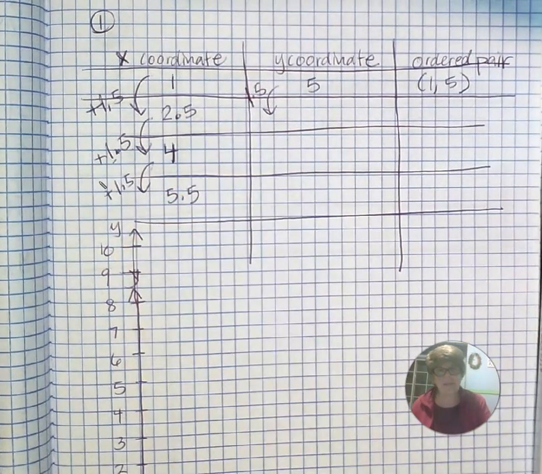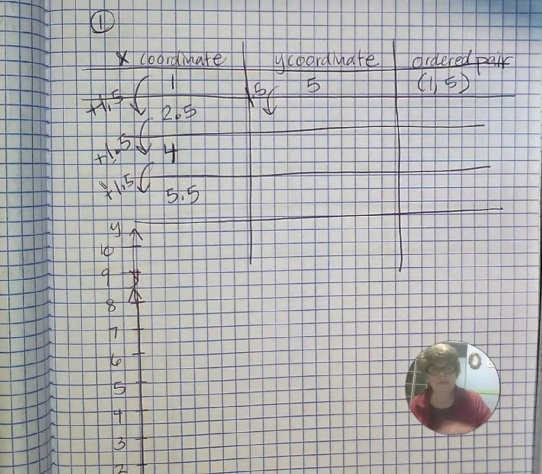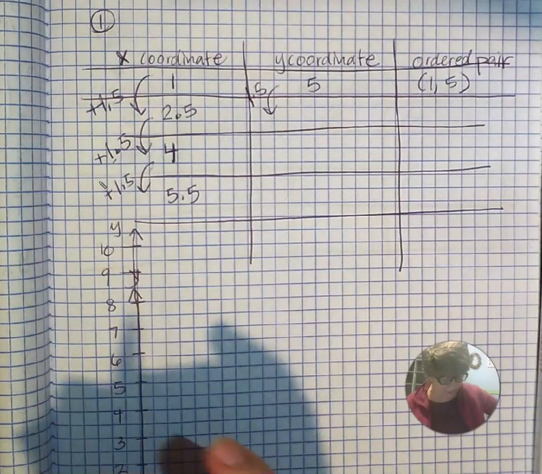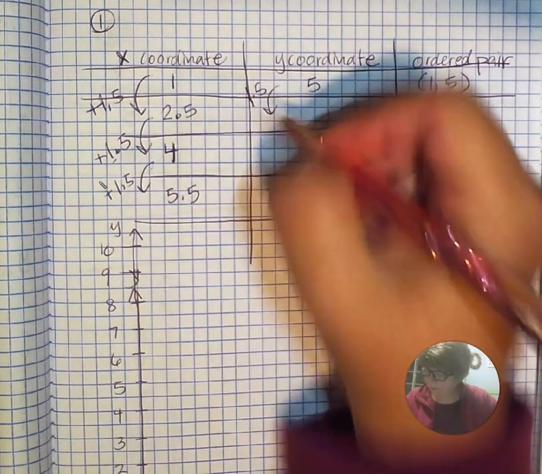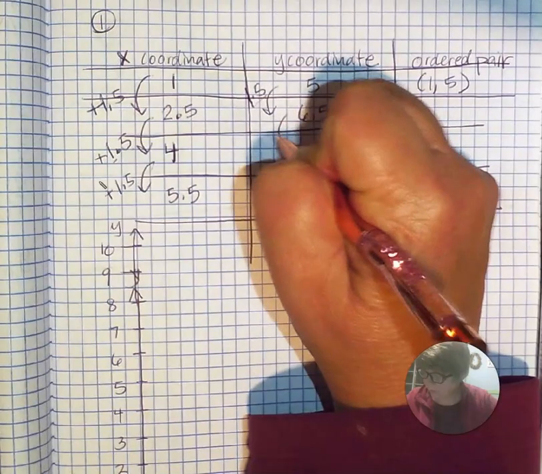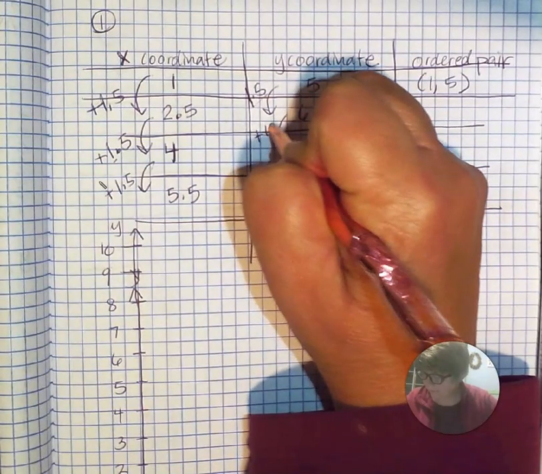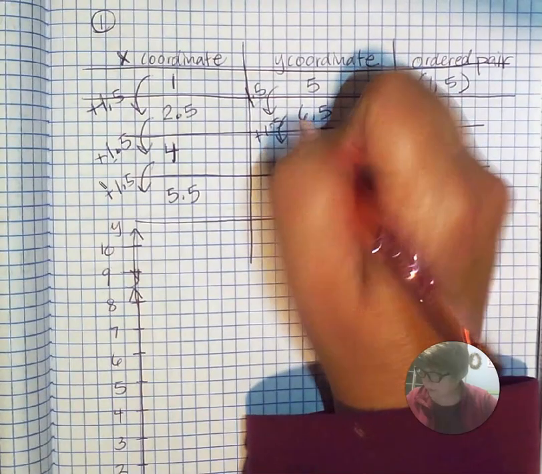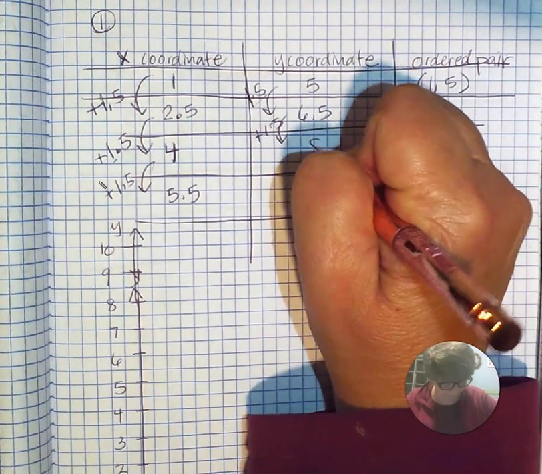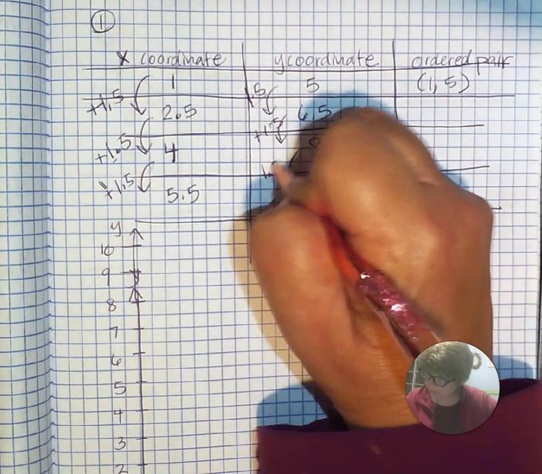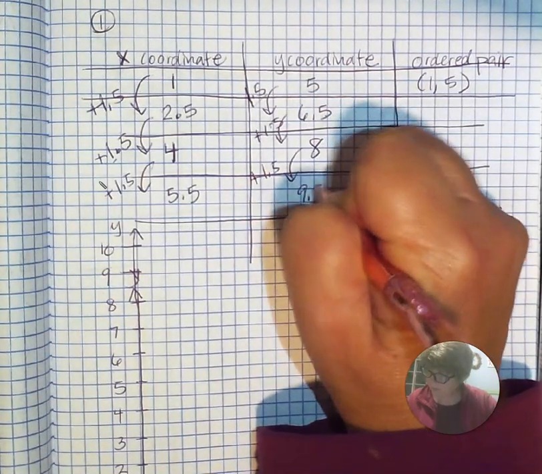And then we do the same thing to the y. Make sure you're following along and getting this written down in your book in the magnifying glass page. Starting with 5 plus 1 5/10 is 6 5/10. Plus 1 5/10: 5/10 and 5/10 is 1, plus 6 is 7, plus 1 more is 8. One more 1 5/10 added would be 9 5/10.